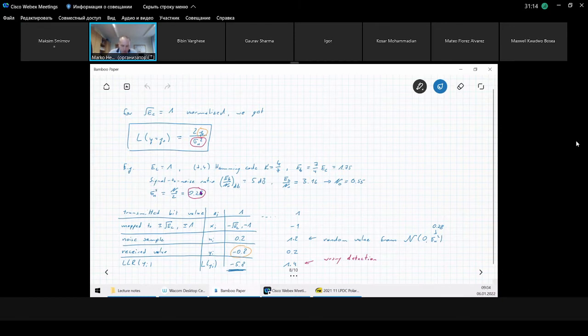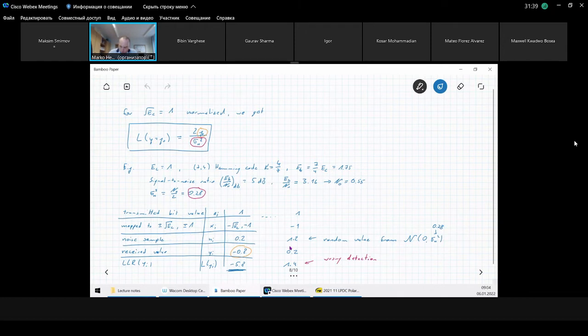So these are the numbers that I would need to come up with a simulation and calculate this log likelihood ratio. Following this example, I assume I transmit a 1 bit. This is mapped to minus square root EC. As we normalize this to 1, it's mapped to -1.